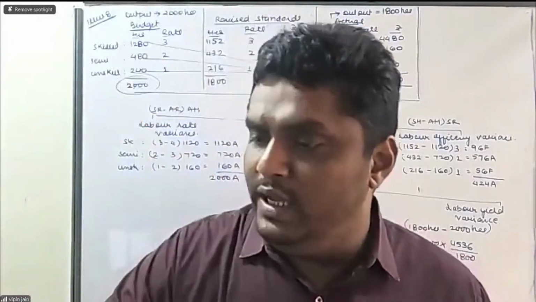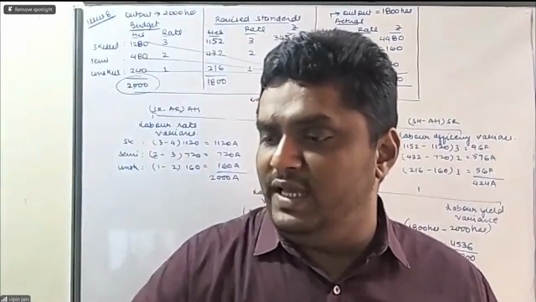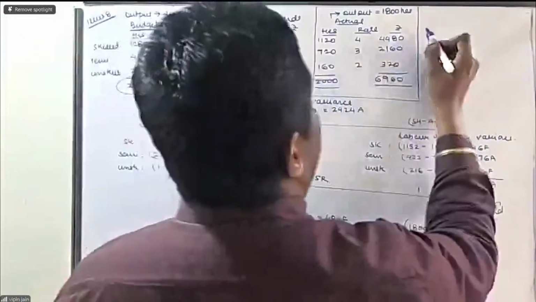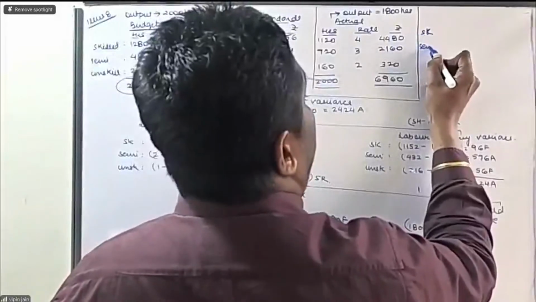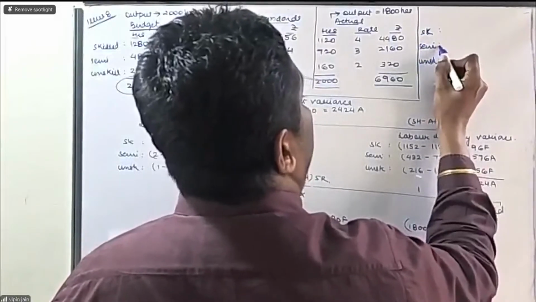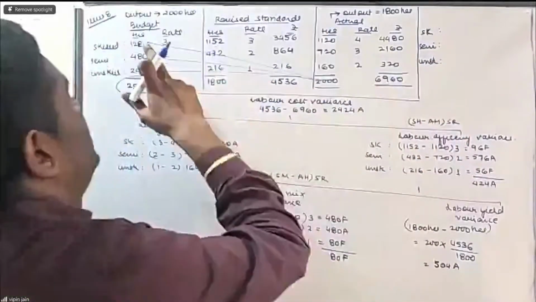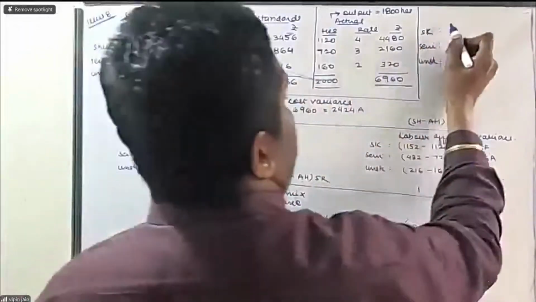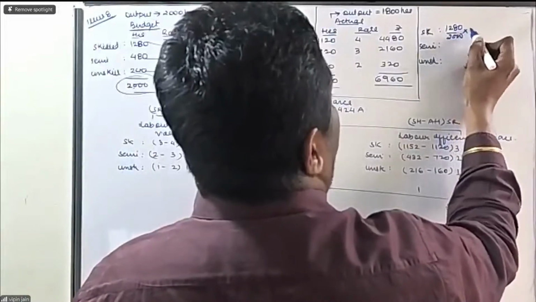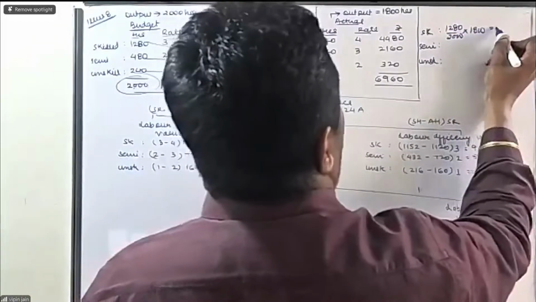Mallu Jadar, good morning. I think you are posting your query for the first time. So Mallu, skilled, semi-skilled and unskilled. See, 1280 for 2000 hours. 1280 for 2000. So for 1800, how much? 1152.